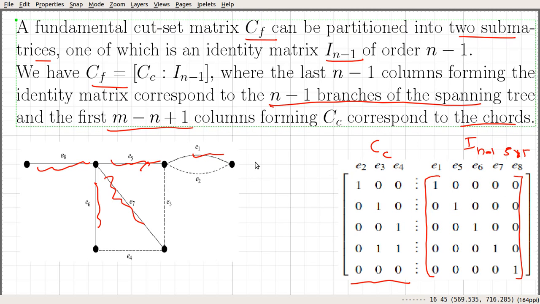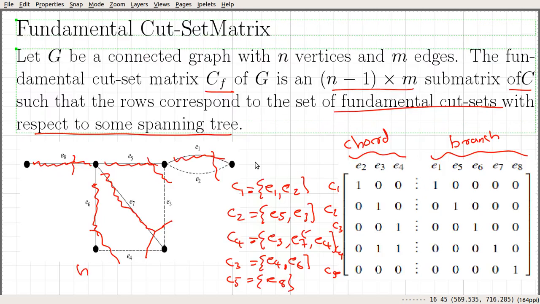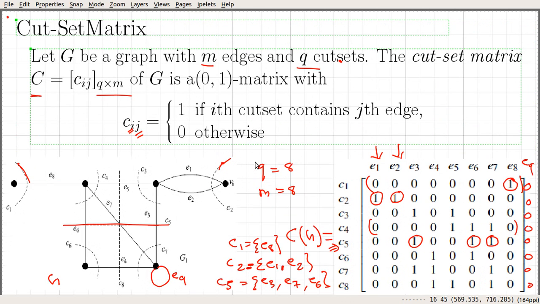In the next video we will show that the rank of the cut set matrix is also n minus 1, which is equal to the rank of the identity matrix.